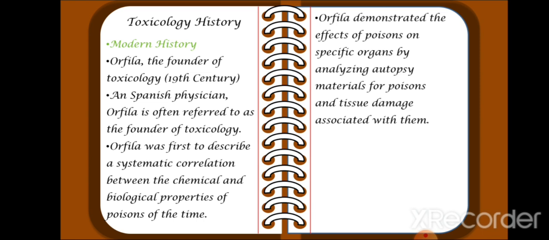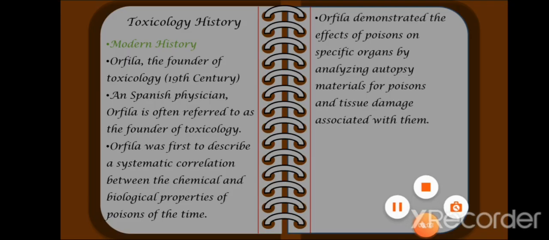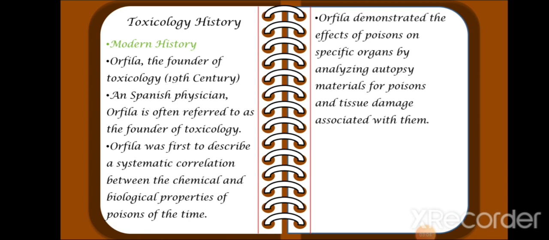That means he has established a relation between the biochemical properties of a poison in a scientific way. So he is also referred to as founder of toxicology. Orfila demonstrated the effect of poison on specific organs by analyzing autopsy material for poison and tissue damage associated with them.